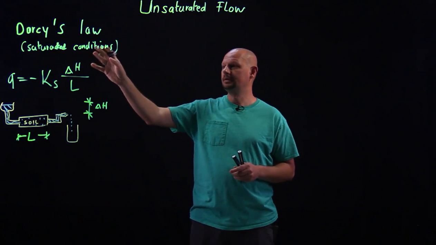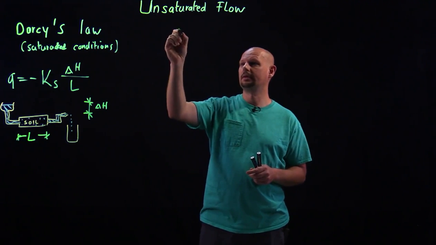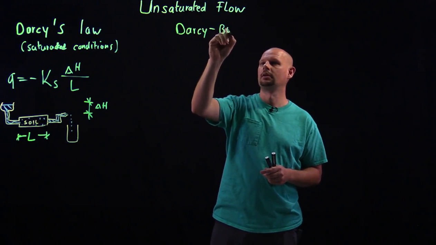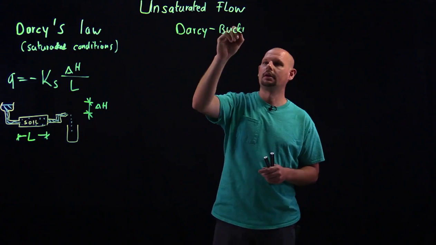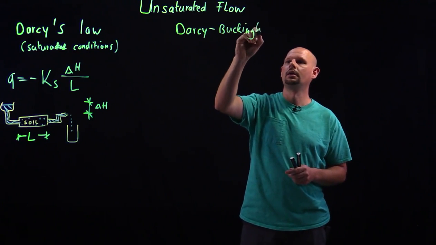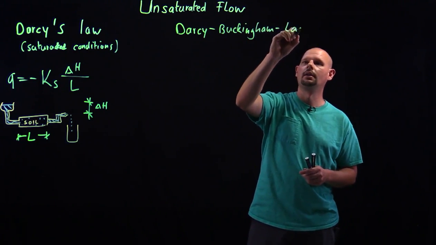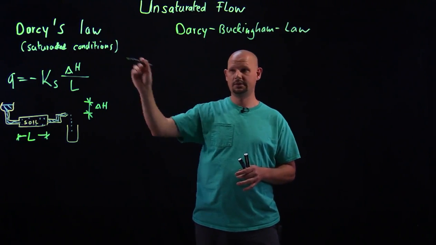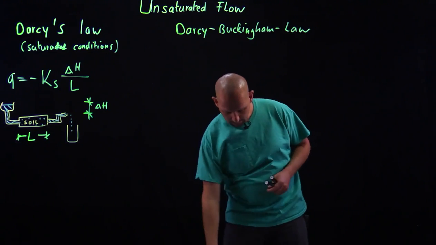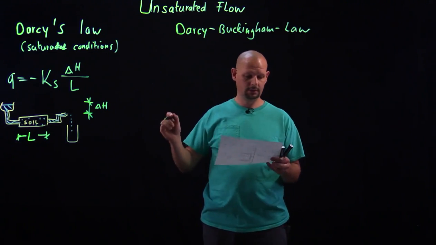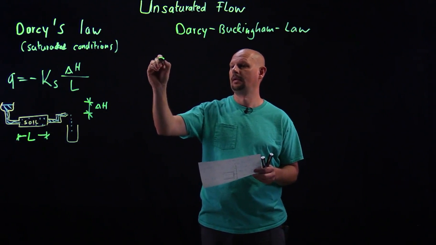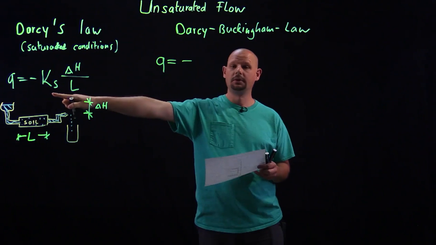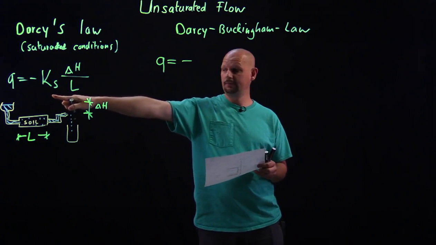And it is then not described by Darcy's law, but by the Darcy-Buckingham law. So Buckingham has expanded Darcy's law to unsaturated conditions. Q is then written as, so here we have a saturated hydraulic conductivity.